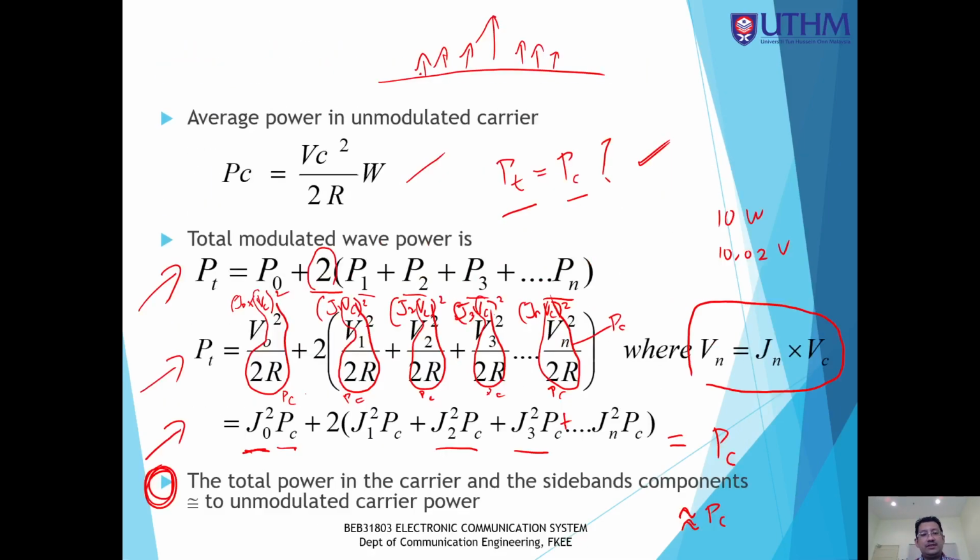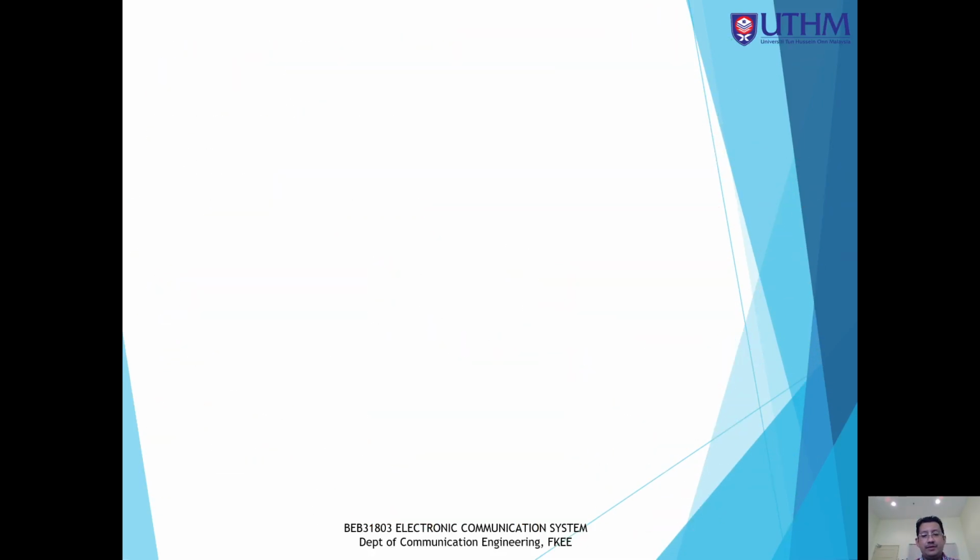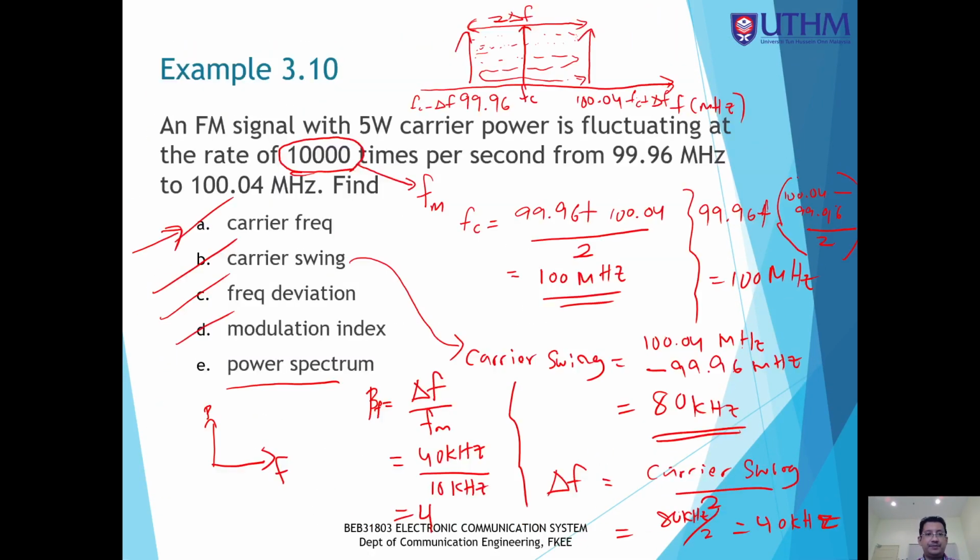So I go back to the slide. When you want to answer these kinds of questions, you need to draw a table, because we need to find the power and also the frequency.